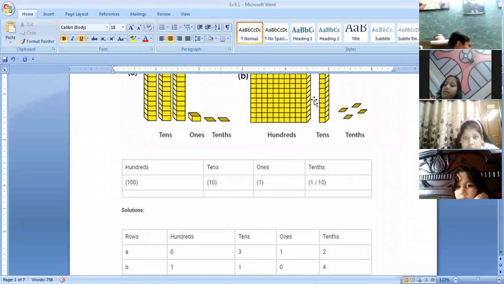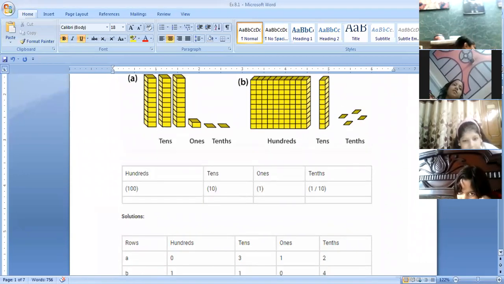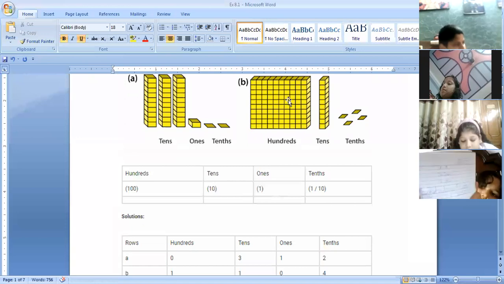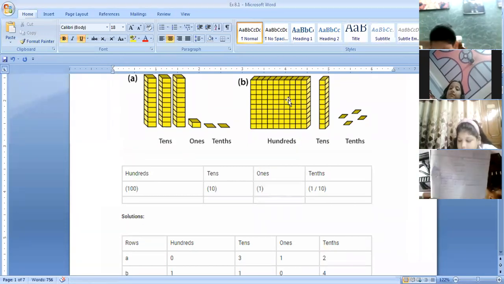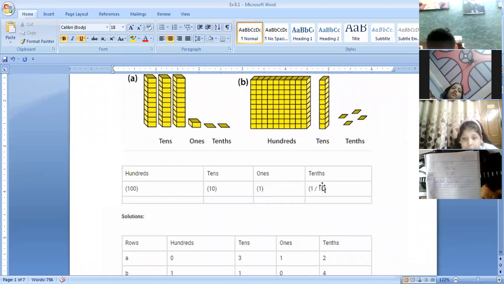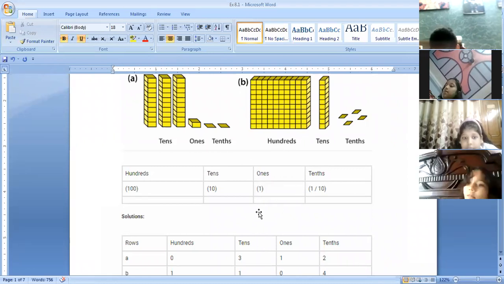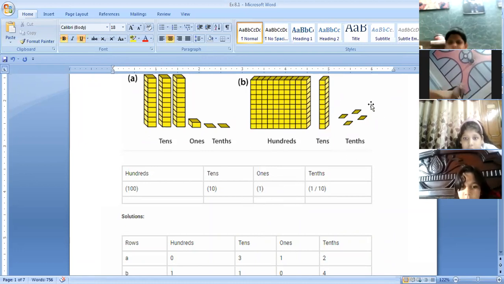Okay. And if you see the second box, it is given that there is one box of 100. One box is of 100. And one pillar of tenths and 4 tenths is there.